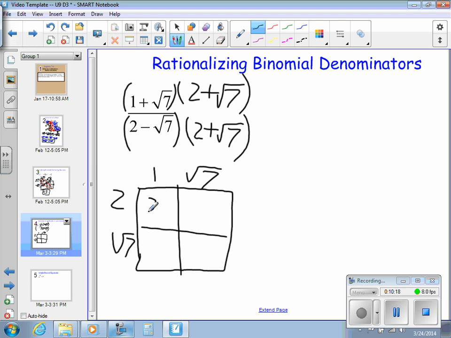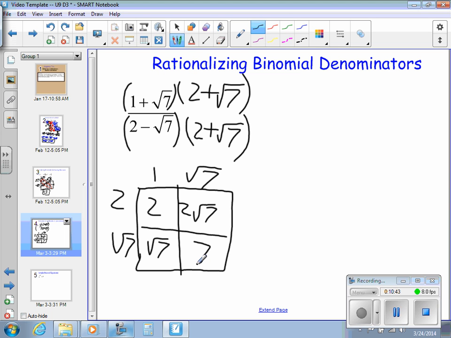So I've got a 2 here. And then 2 times the square root of 7, 1 times the square root of 7 gives me the square root of 7. And the square root of 7 times the square root of 7 is 7.